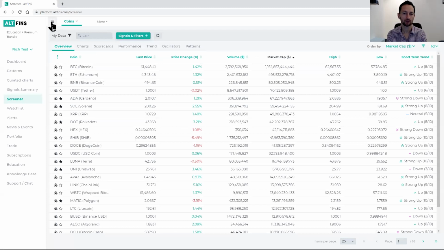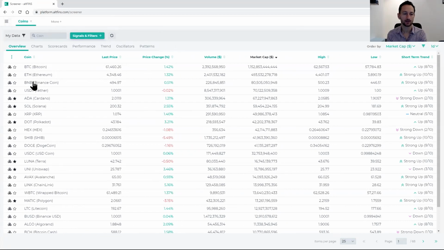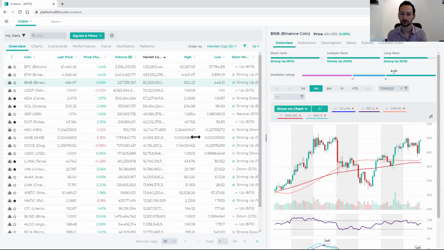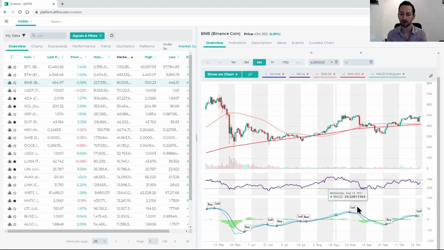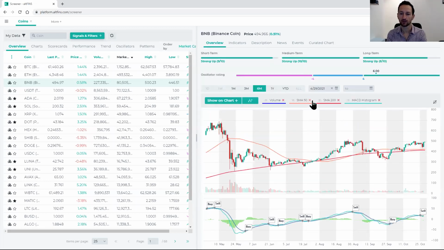If we go to the platform and look at the charts, let's look at the Binance coin, for example, right here in the MACD chart, we make it very simple by showing you where to buy, where to sell. Now, that alone is not enough. And let's go ahead and get rid of, for now, the RSI. We don't need the SMA 50, SMA 200.